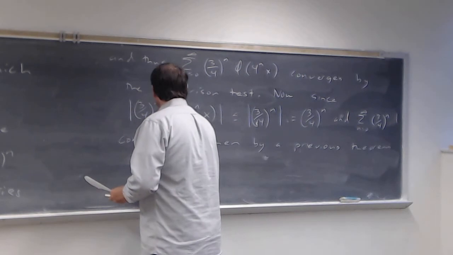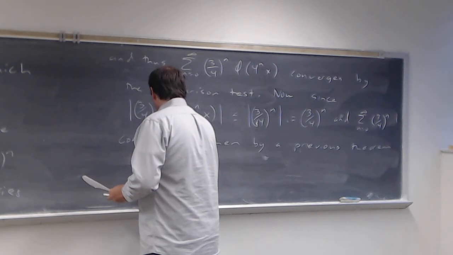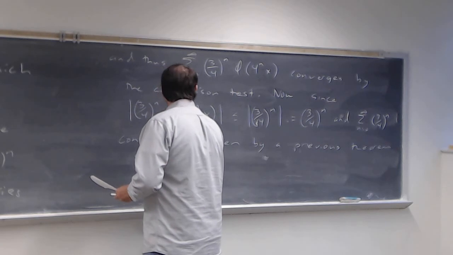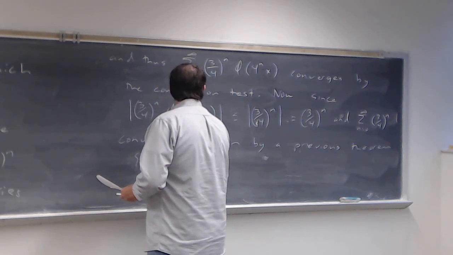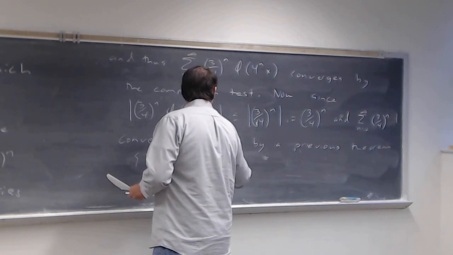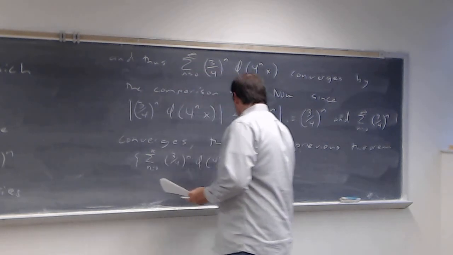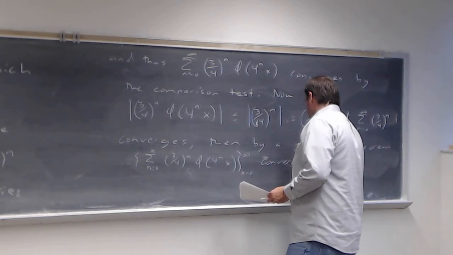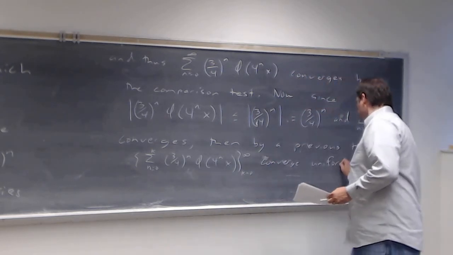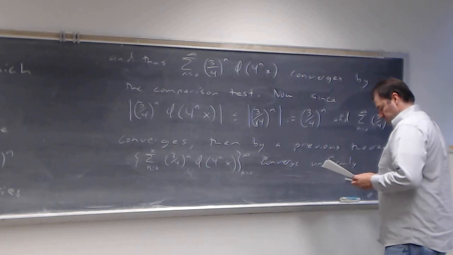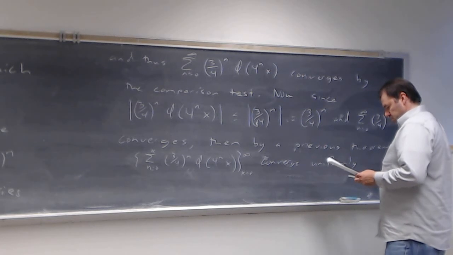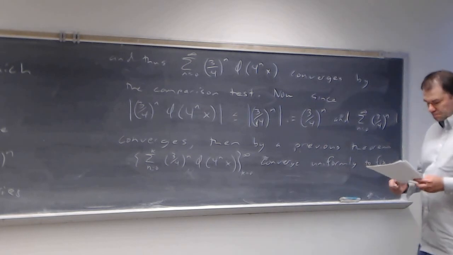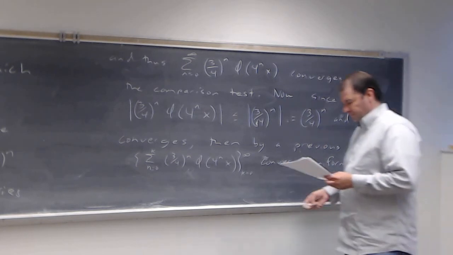the sequence of functions, with n running from 0 to k, of (3/4) to the n times phi of 4 to the n x, as k runs from 0 to infinity, converges uniformly to f of x, which we define to be that limit function.